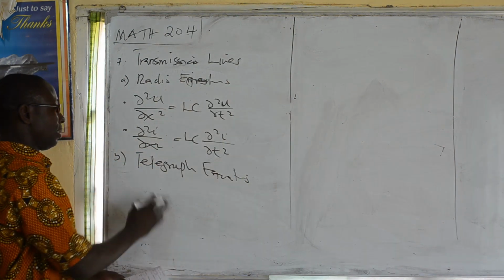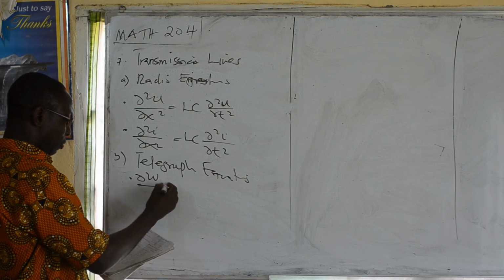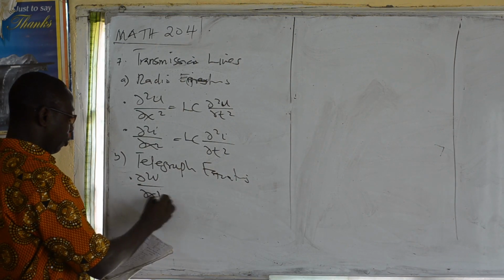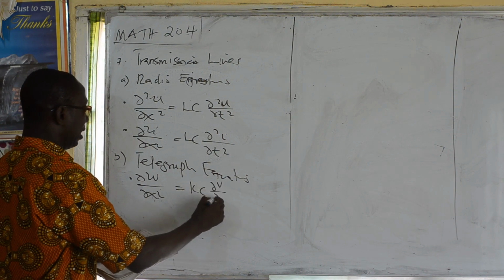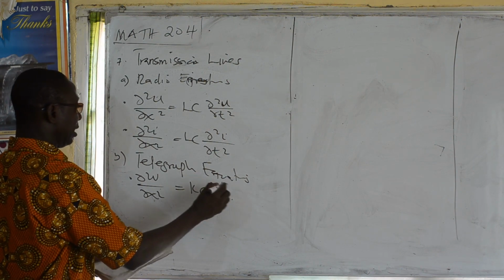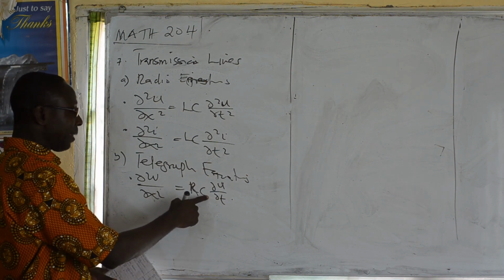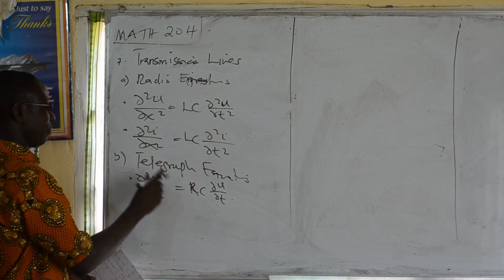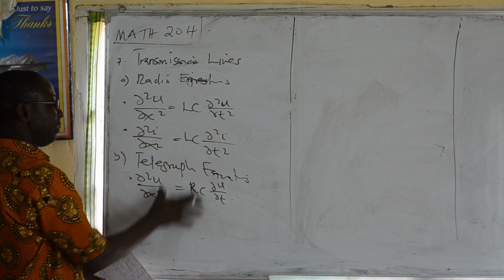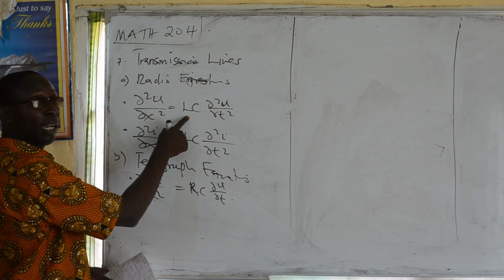Now for the telegraph equations, we have d squared u over dx squared is equal to RC du over dt. This time it's not L, it is R. This is capacitance, but this is resistance. So you could see that this and this are a little bit different. The telegraph makes use of resistance. The radio makes use of inductance.